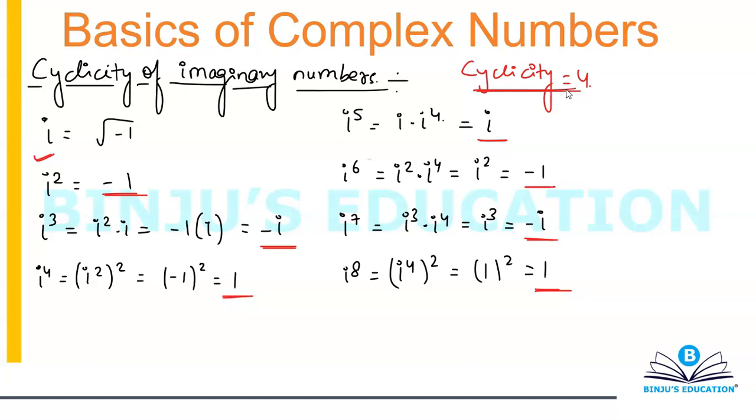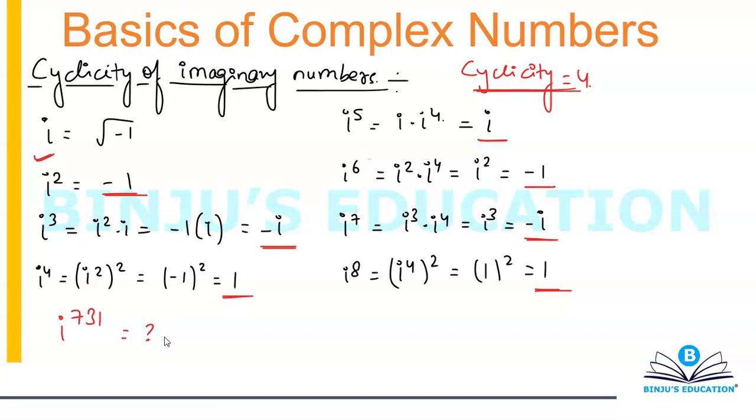Now what type of question can they ask you based on this concept of cyclicity? For example, they can ask you to find the equivalent value of the expression, let's suppose iota to the power 731. Or they can give you, evaluate iota to the power 731, and they can give you 4 options based on that.